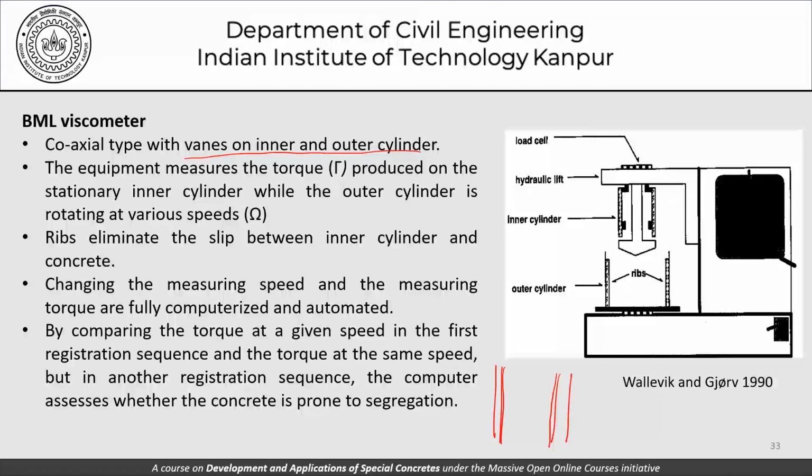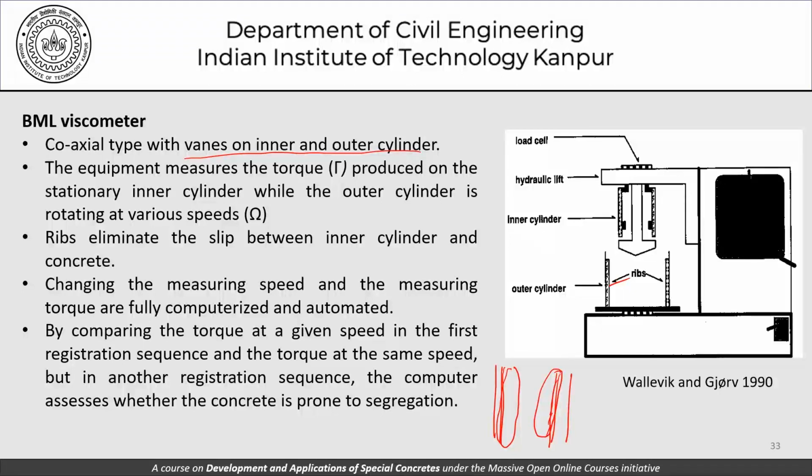So we can have some kind of perturbations on these two walls, and that is what is reflected here as far as the ribs and the vanes are concerned. Of course, the intention in this course is not about getting into the details of this equipment, but only to show you the kind of equipment which has been developed and used by researchers trying to better understand the flow behavior of concrete in the fresh state.